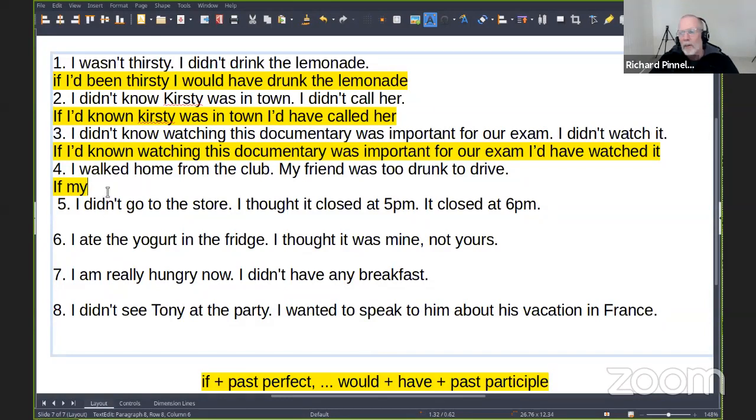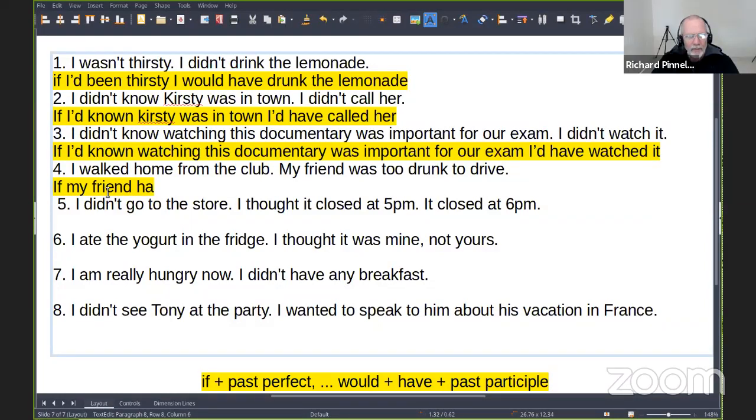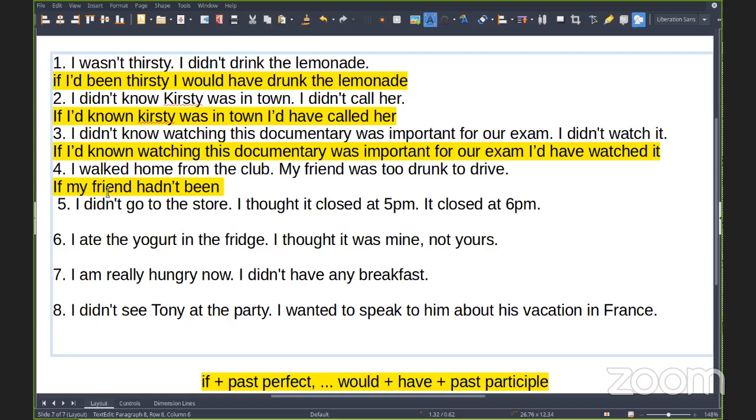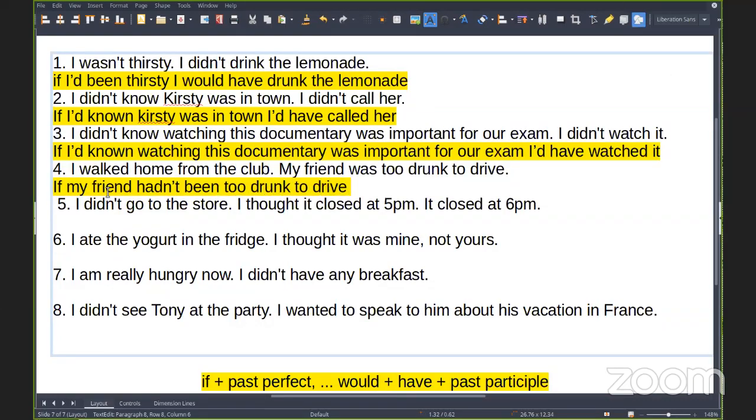So the reality is my friend was drunk. So if my friend... Anybody in the chat got the answer? If my friend hadn't been too drunk to drive.